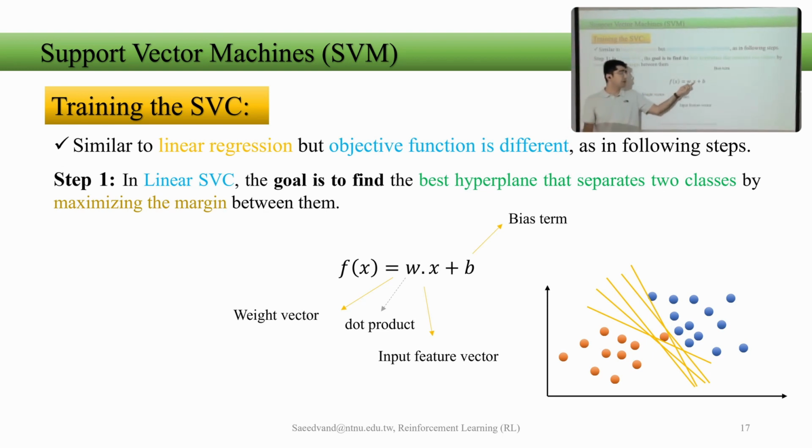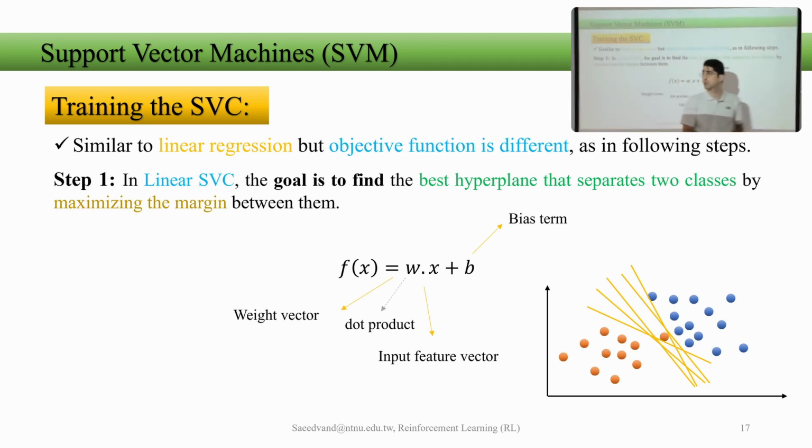But here the x, which is our input data, is multiplied by a dot product with the weights vector, so each one of these features gets a weight defined by the w vector.